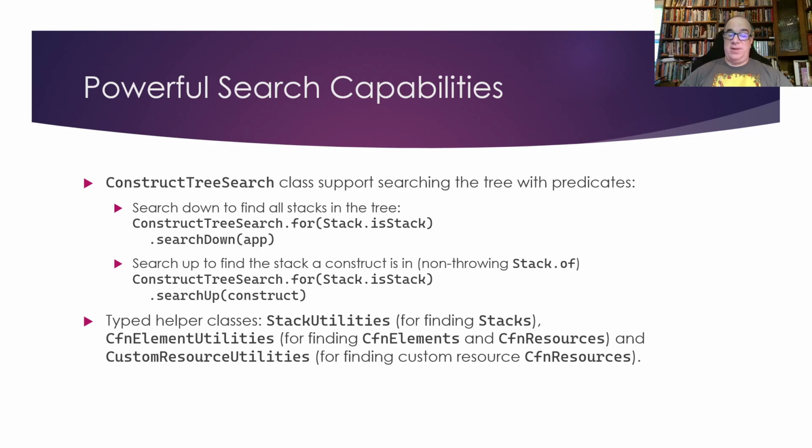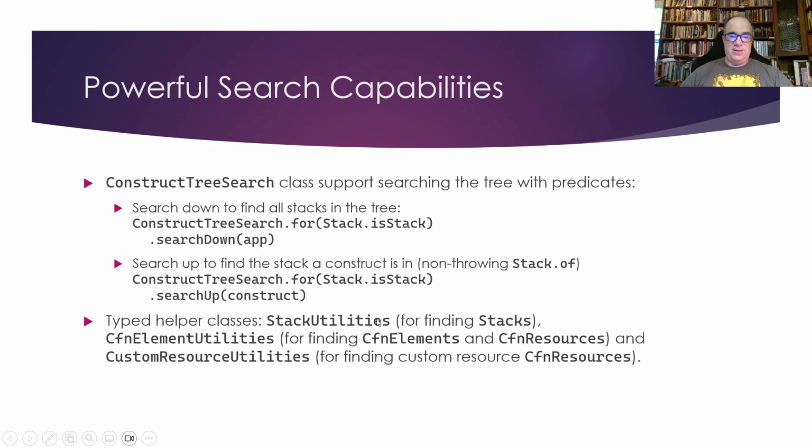And if it's not, you're going to be kind of surprised. So that's why it throws. But if you needed a non-throwing version, you could just call this, and it works just as well as stack of. It just doesn't throw. It'll just return undefined.